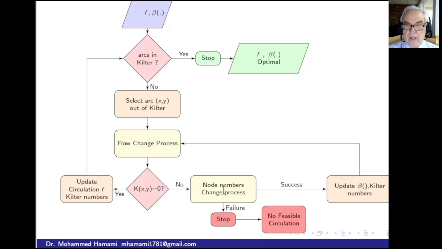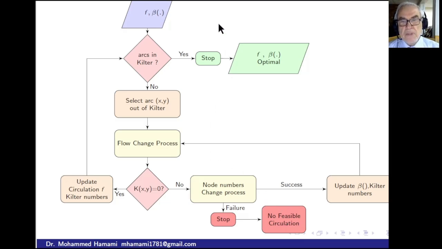We cannot change the node number an infinite number of times when there are no flow changes. That's impossible. So at some point, we're going to exit here at the stop, with no feasible, and that's the answer: there is no feasible circulation in the network. So two outcomes, F and beta optimal, and the primal problem is infeasible.